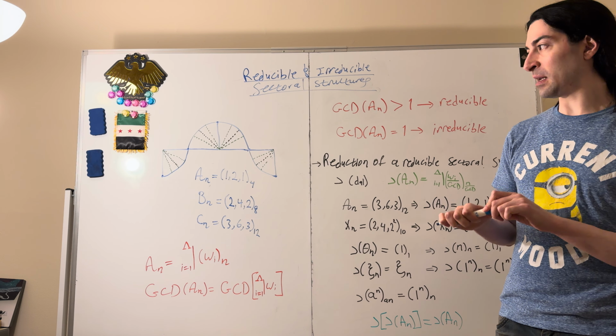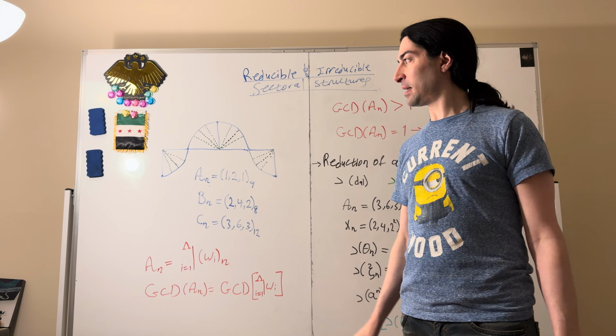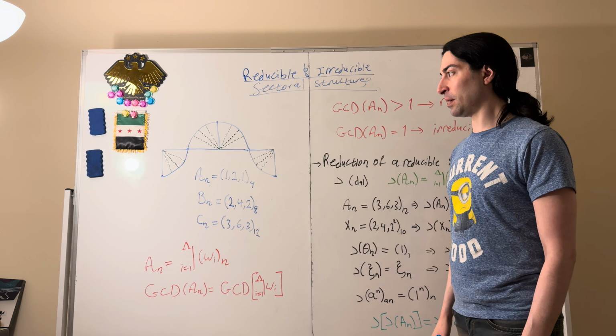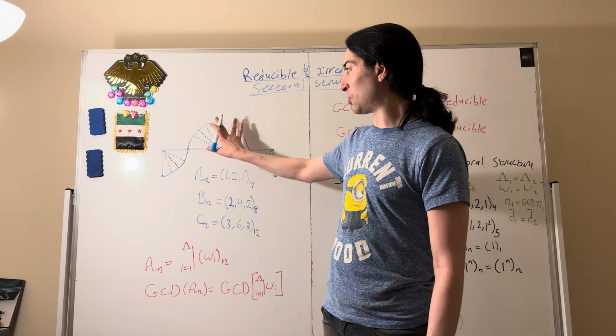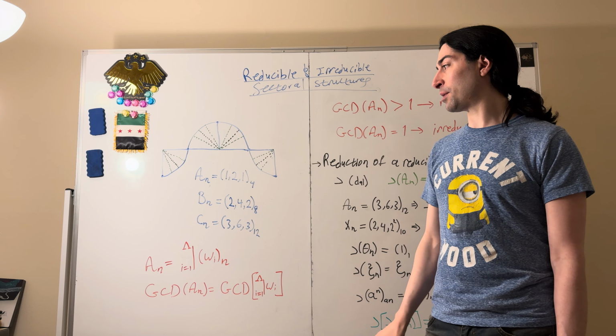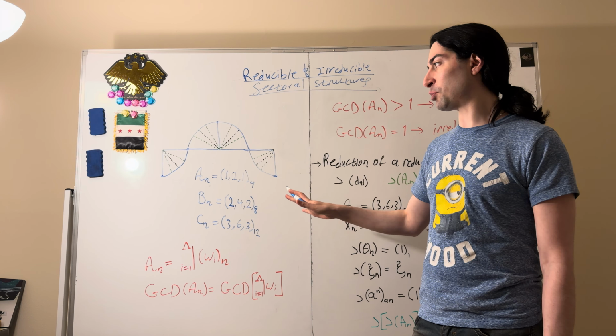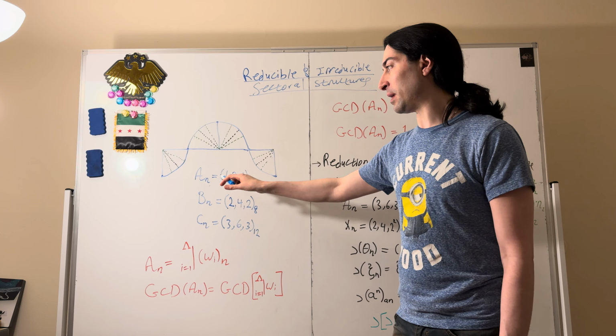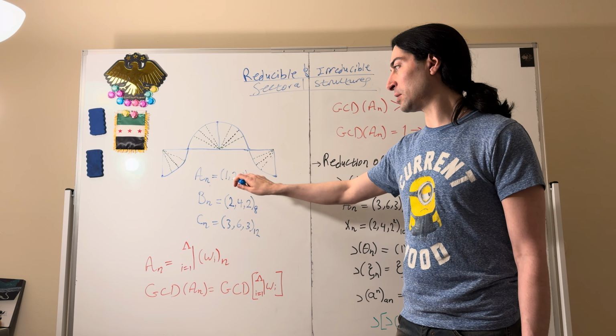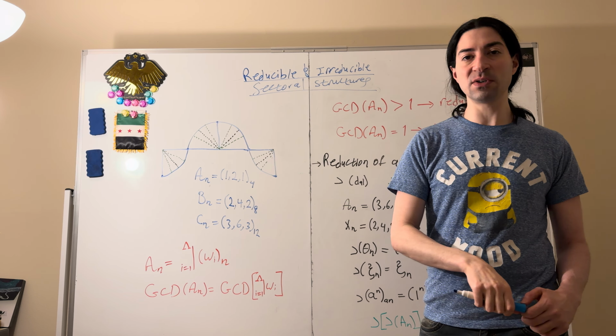We're going to begin by looking at this sectoral structure over here. Let's just focus on the blue parts to begin with. This sectoral structure can be represented by the sequence 1, 2, 1, subscript 4.